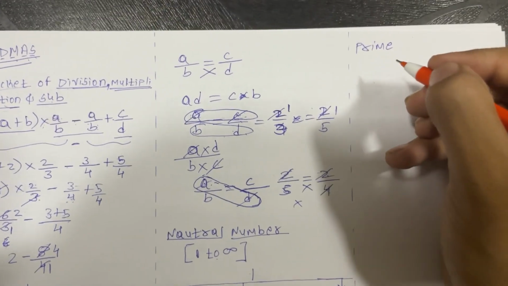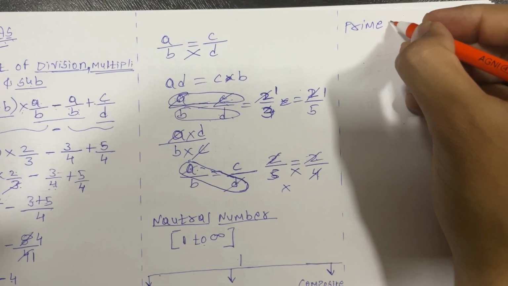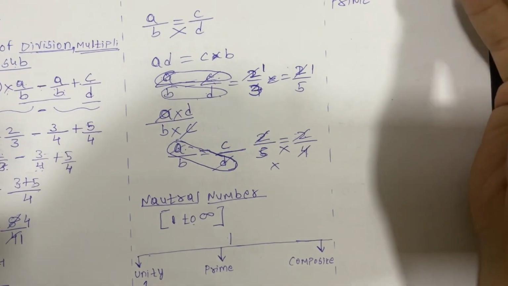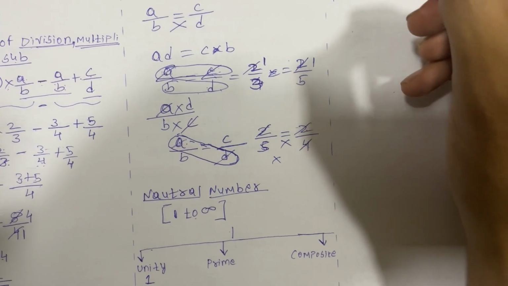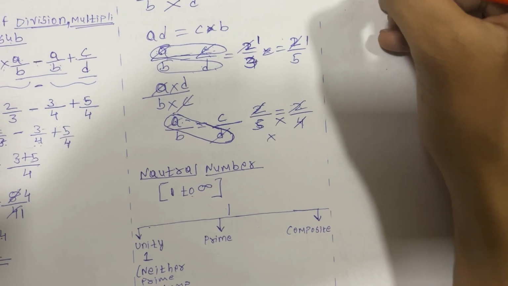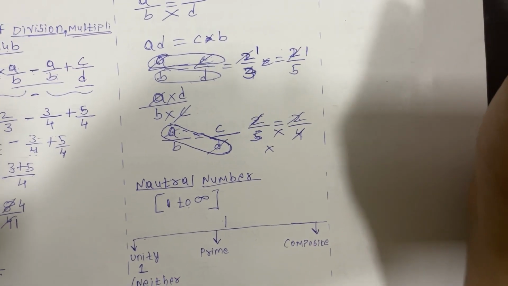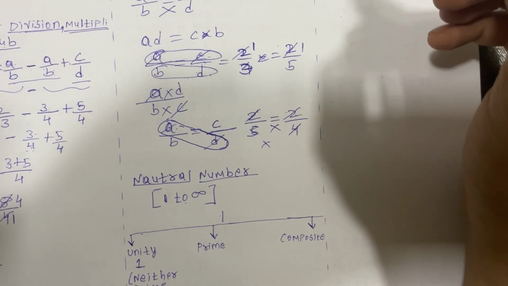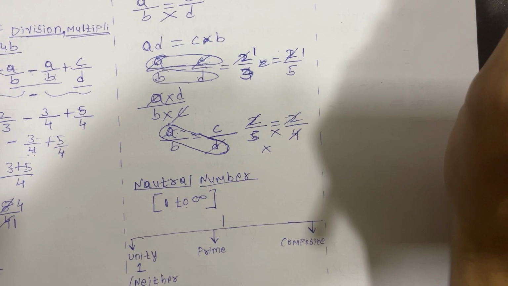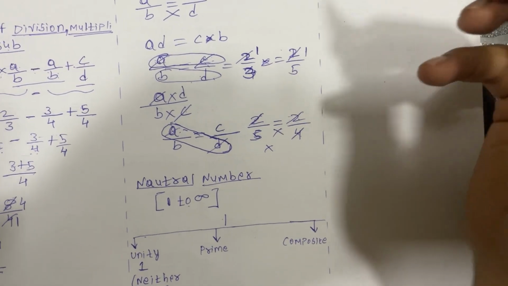Prime numbers are the numbers which are factors of 1 and itself, or which are divisible only by itself, and which don't come in other factors, or we can say in other tables.